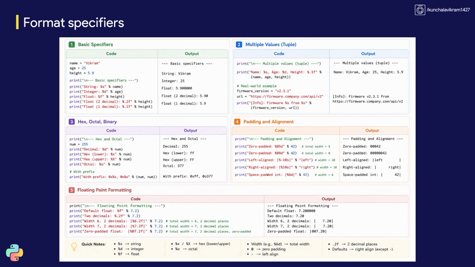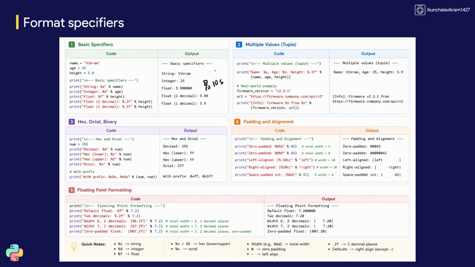Sometimes I want to control the alignment. Either I want to print towards the left, the center, or the right-hand side. So this is alignment. Using percentage s, I can control the alignment here. If I just say percentage 10s, this is positive, so it will print to the right.